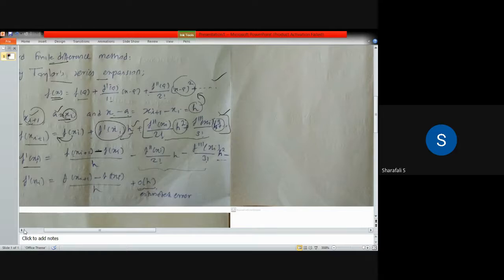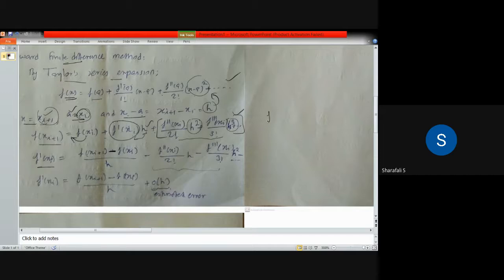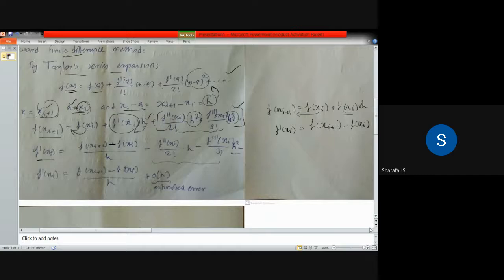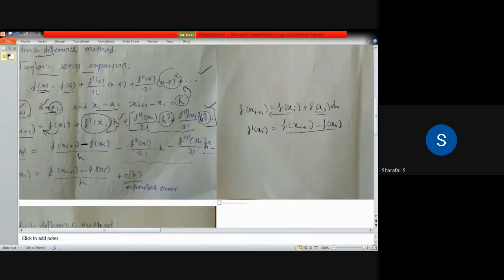Then in that case, we can write f of xi plus 1 equal to f of xi plus f dash of xi into h. So this is the equation, neglecting the error terms. So we'll get f dash of xi equal to f of xi plus 1 minus f of xi, divided by h.